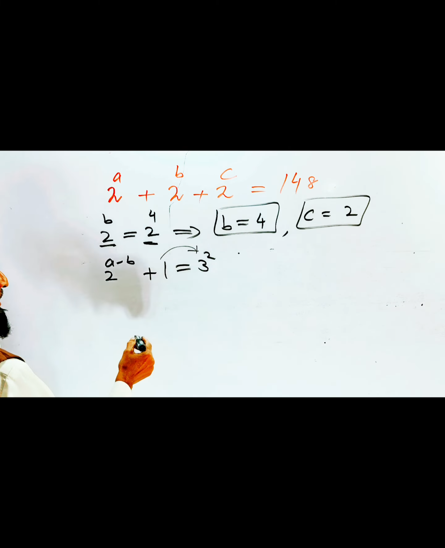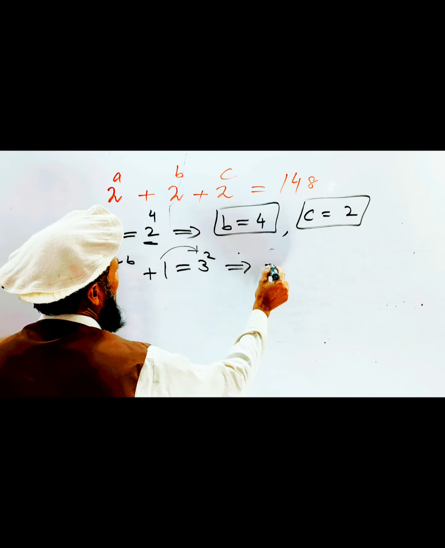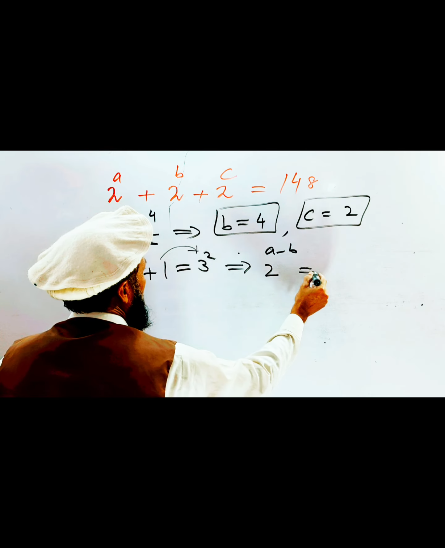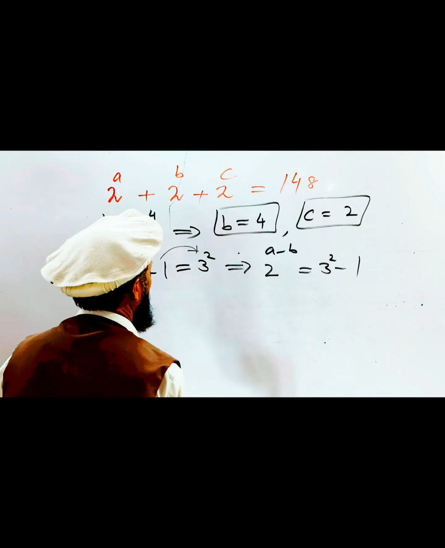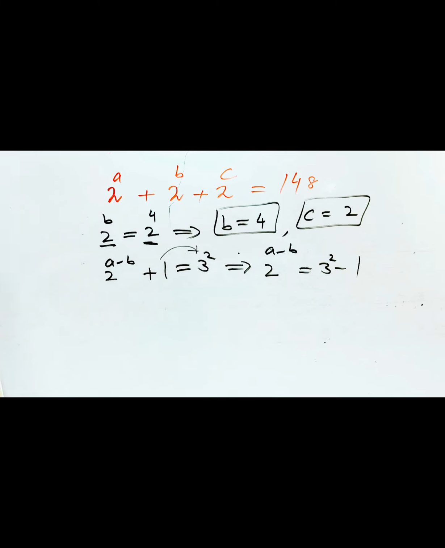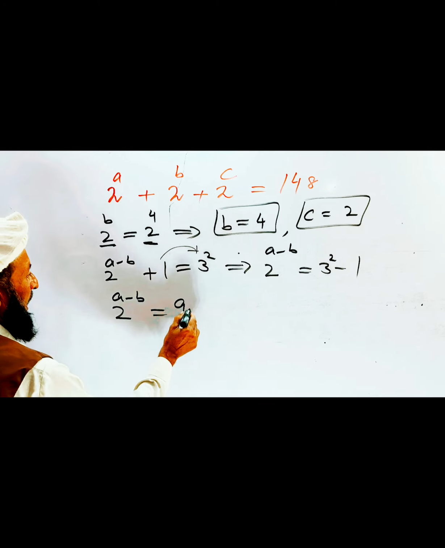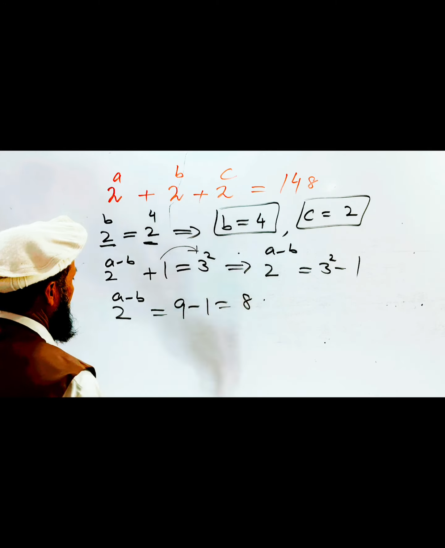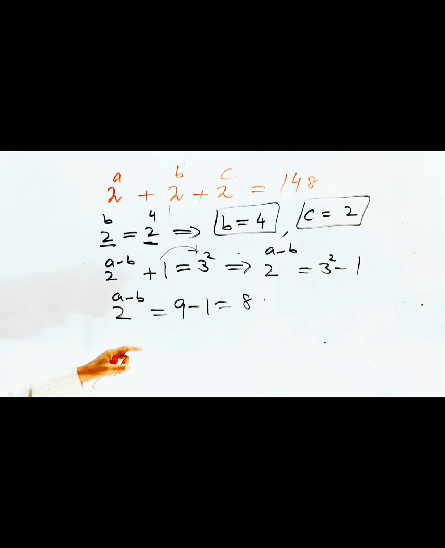On the right side the sign is also changed, so 2^(a minus b) is equal to 3 square minus 1. Here it is positive, we transfer it, so the sign is also changed. Here 2^(a minus b) is equal to 3 square, 9, minus 1, is equal to 8. Now we have already calculated the value of b, and here we substitute the value of b, and a minus 4 is equal to 8.